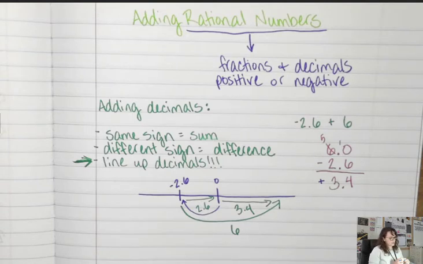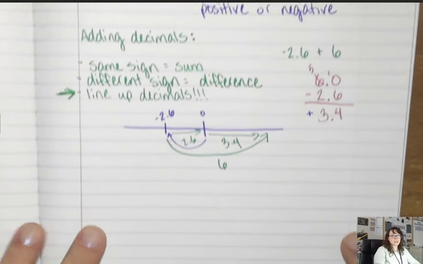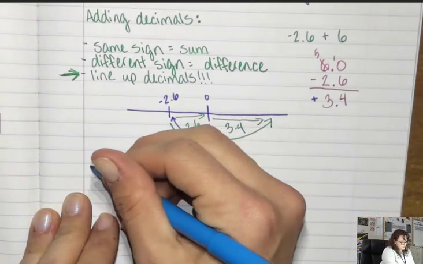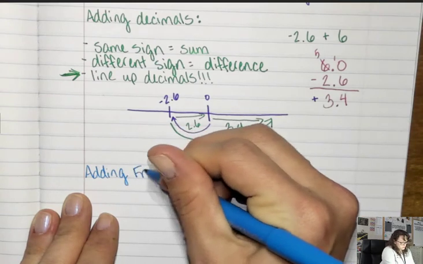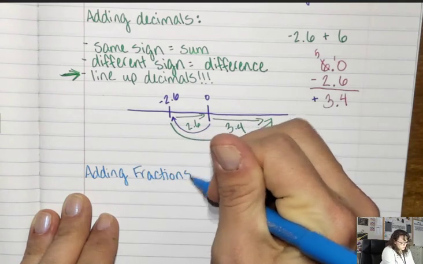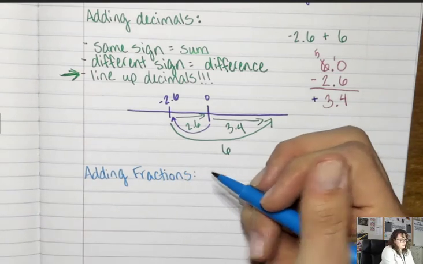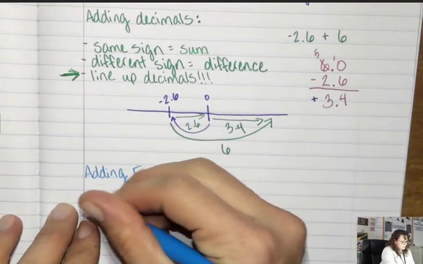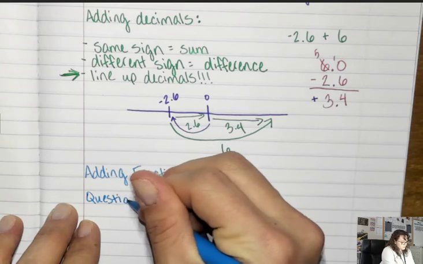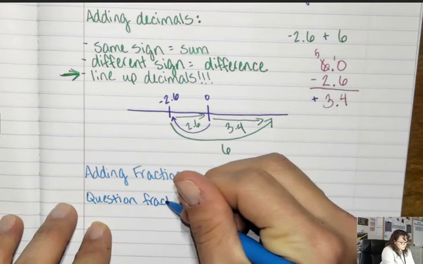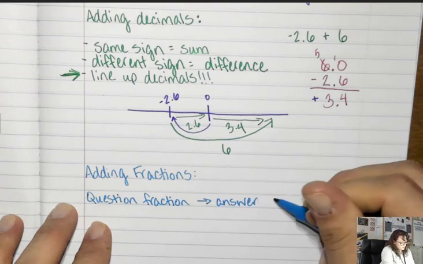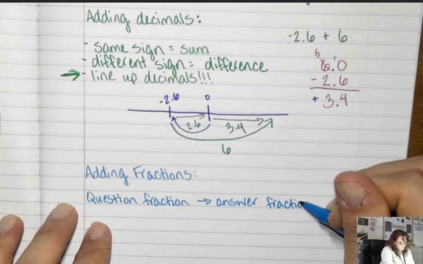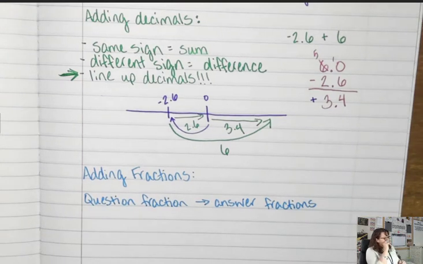First rule of fractions. If the question is a fraction, your answer needs to be a fraction. It's like if someone asks you a question in Spanish and you answer in English, you're speaking two different languages.